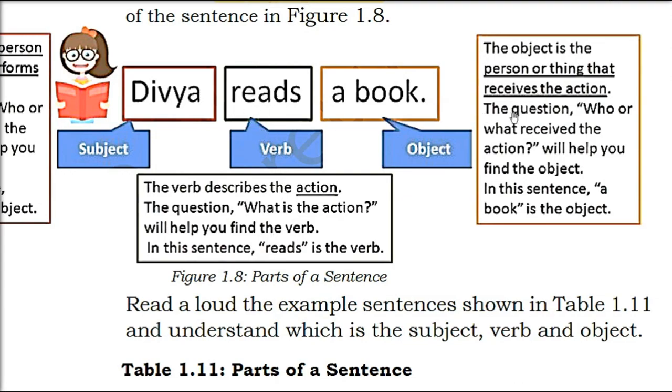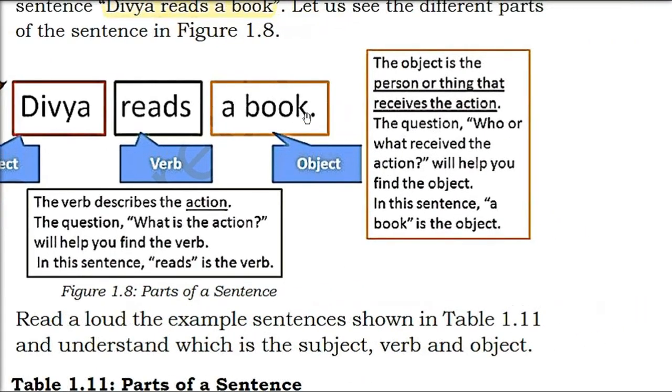That is, Divya is reading a book. Third question: who or what received the action? The object here is book. The object is the person or thing that receives the action.